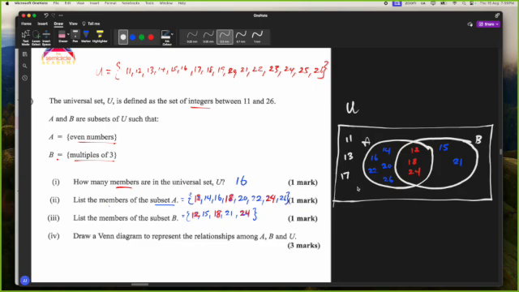I guess the primes will be outside, right? 18 is there. 19 is outside. 20 is there. 21 is there, 22 is there, 23 will be outside. 24 is there. 25 will be outside. 26 is there. And this is what the Venn diagram will look like.